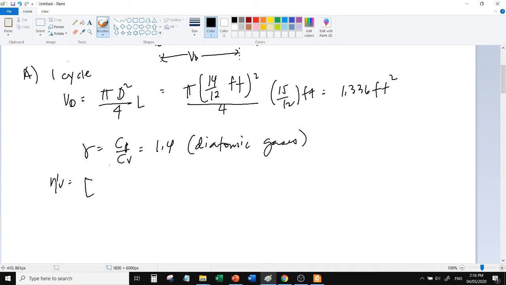So ito yung equation, diba? That we derived sa lecture. Tapos, substitute natin yung mga given.